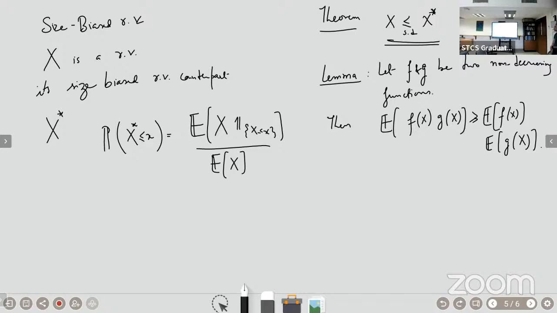This is only for f and g essentially increasing functions, not decreasing in this direction.